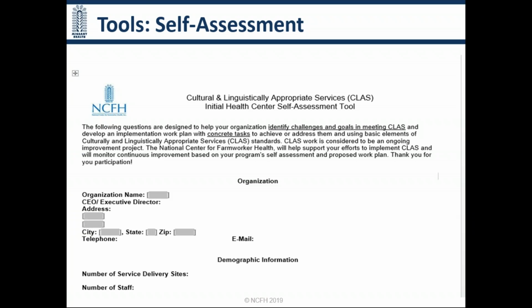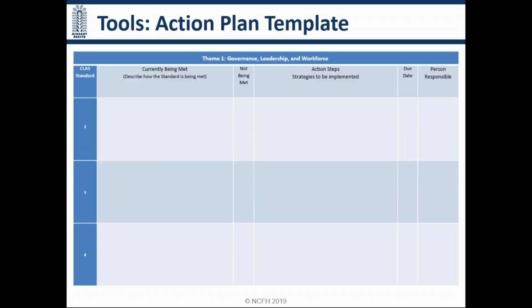And then once you have this form filled out, and it's one of the downloadable tools, then you would move to your action plan. So you would see the assessment is broken down by themes to help you simplify the areas that you're working on. So theme 1, which is all around governance, leadership, and workforce.